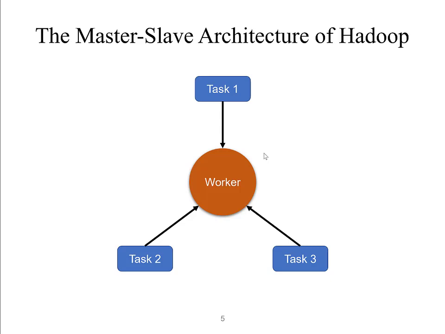For each task, you would need 1 hour to finish it. So you would have 1 hour for task 1, 1 hour for task 2, and 1 hour for task 3. Since you are the only worker here, you need 1 + 1 + 1 equals 3 hours to finish all the tasks.